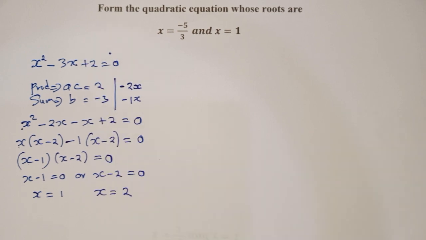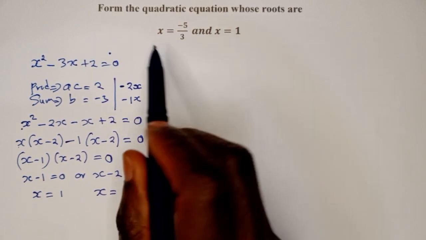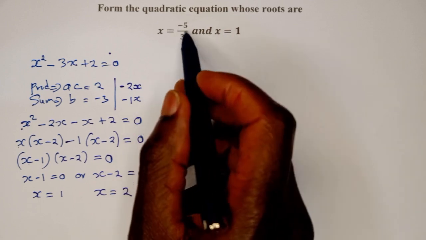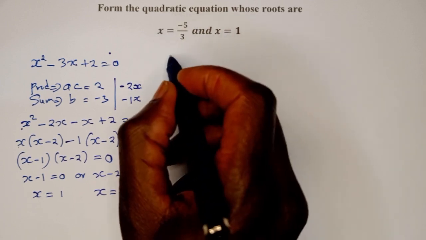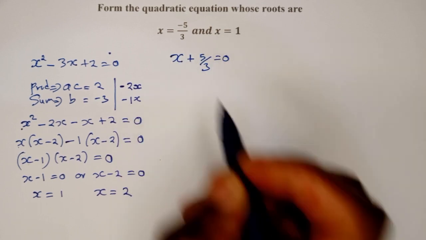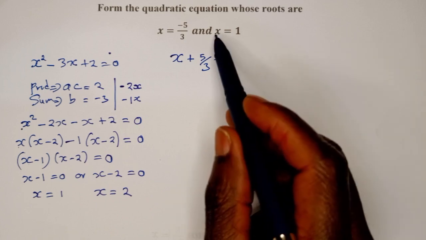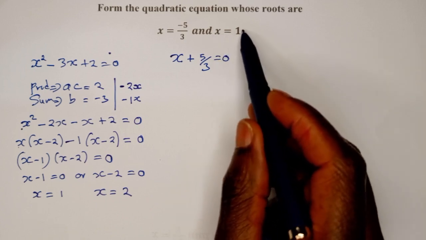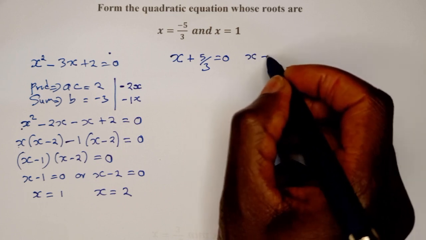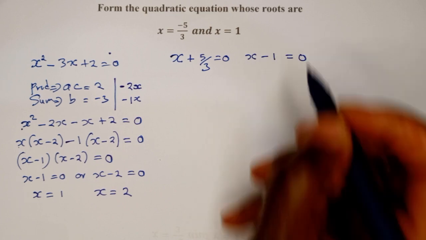Let us now go to our question. I have x equals negative 5 over 3. So we bring this value to the other side, and we have x plus 5 over 3 equals 0. Then x equals 1, so take 1 to the other side, and we have x minus 1 equals 0.